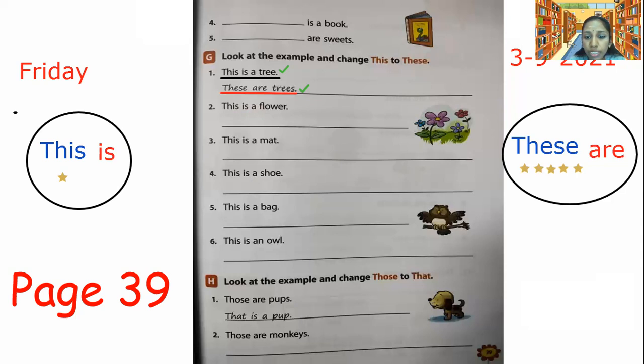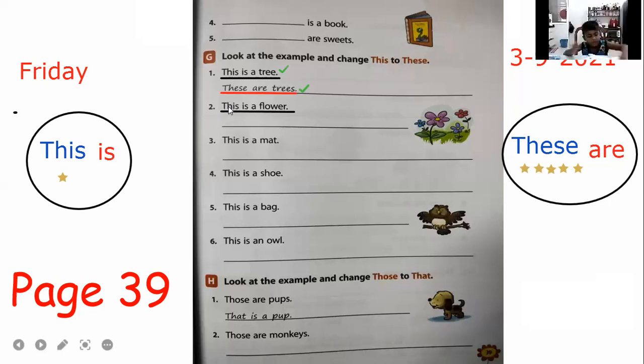Right, so now let me underline for you. So this one here is in singular. So now we are going to change the sentence here to plural. How are we going to do that? We are going to change the word THIS first. These are flowers. Very good. So I'm going to write down the answer here. Please follow, children.